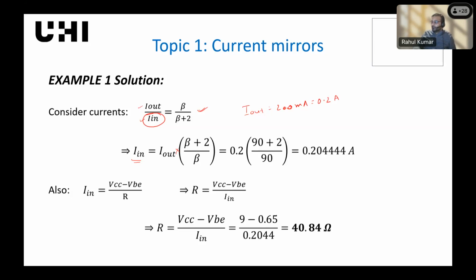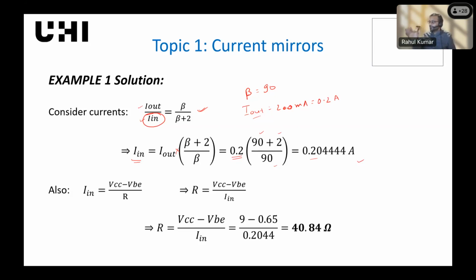If you substitute the values, I out is 0.2, beta is given as 90, so 90 plus 2 divided by 90. You would end up getting 0.204 amps as the input current.